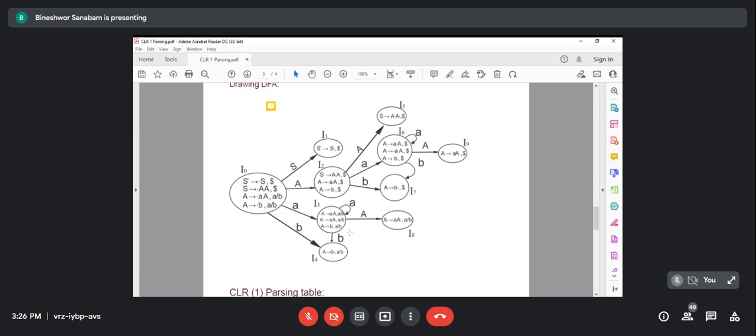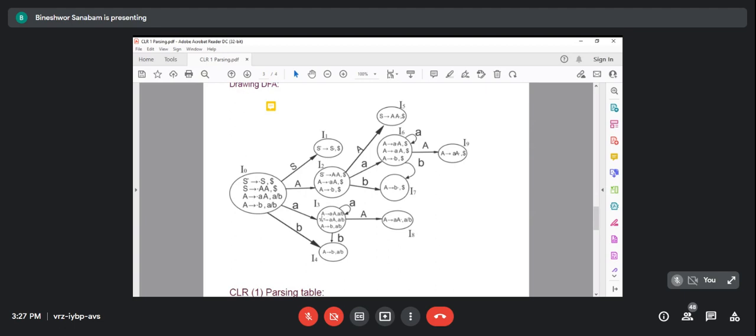If you consider I3 also, here also I3 with small letter a, we have to consider the third line of production, that is A implies small letter a dot capital letter A, comma a or b. So a or b is our look ahead.